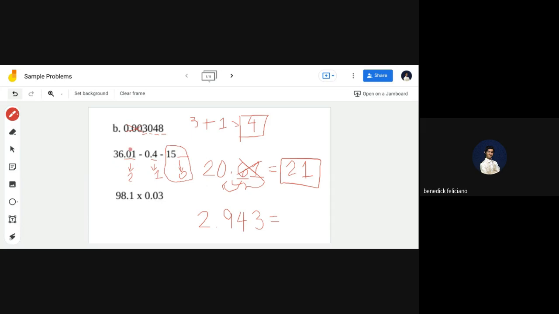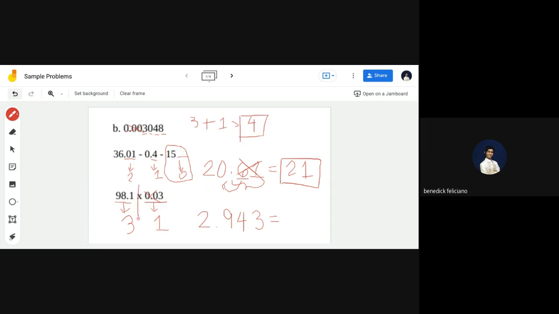Similar to addition and subtraction, in multiplication and division we need to identify not the decimal places, but rather the number of significant figures. As we can remember, in 0.03 the two zeros are not significant, thus it only has one significant figure. 98.1 has three significant figures because those three are non-zero digits.